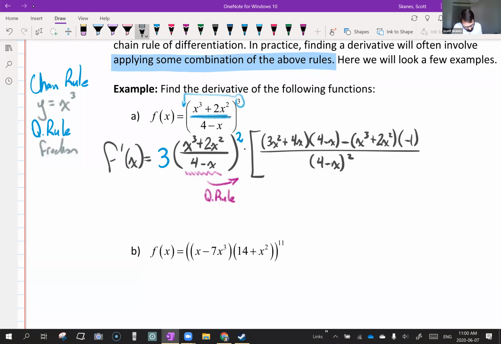So I'll write this. This is f g prime g squared. Done. Don't simplify it. No need to simplify. You'll just make a mess.